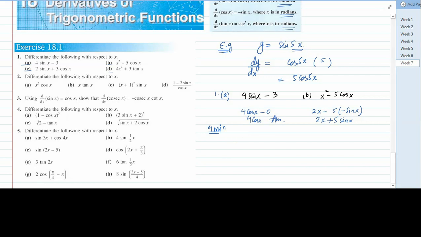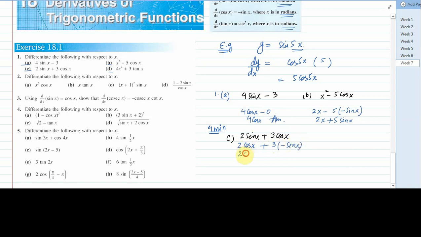Alright, so in part C, the question is 2 sin x plus 3 cos x. The derivative of sin x is cos x, plus the derivative of cos x is minus sin x.